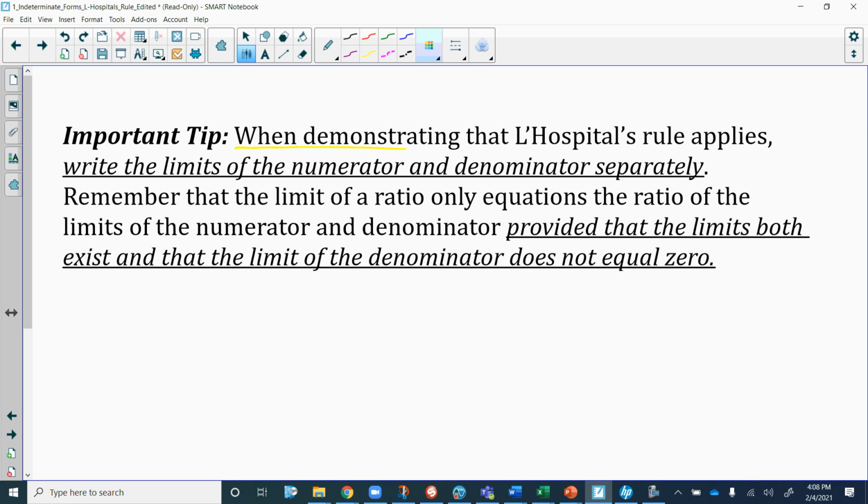That's why I wanted to show that when I said the limit as x approaches some number, if I'm using L'Hopital's rule, I want to in some way indicate that I'm taking the derivative of the numerator and the derivative of the denominator separately, and then actually do the derivatives, whatever they work out to be.